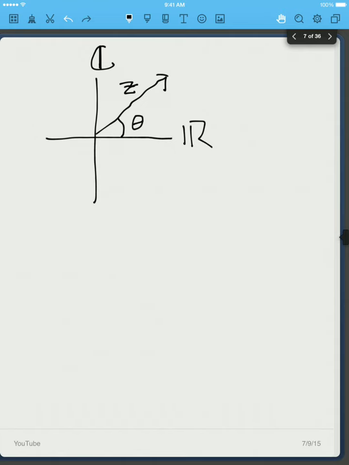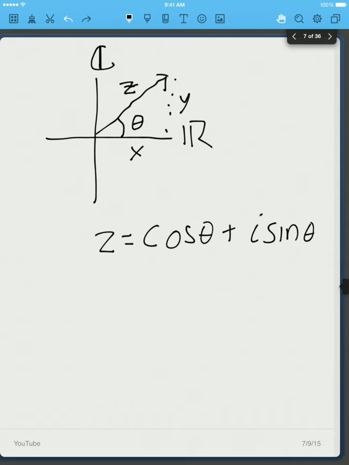So z can be written as, this would be the x part, and this would be the y part if we think of classical geometry, z equals cosine theta plus i sine theta, because this here is the imaginary part, and this here is the real part.